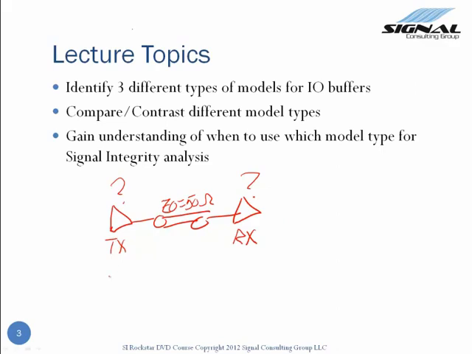What type of simulation model? A lot of people are familiar with SPICE. And of course, IBIS is very popular for signal integrity. But there's also some other choices, and everything else I lump in the category which I call a macro model. And we're going to go over that in the rest of this lecture about these 3 major types.